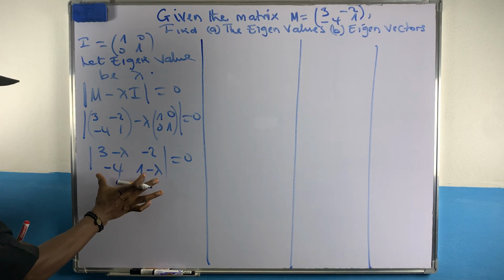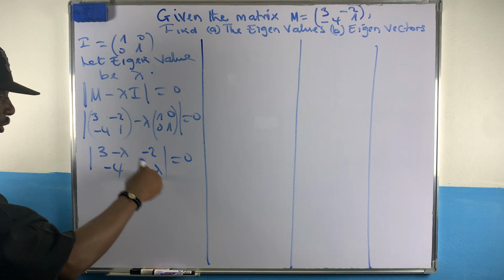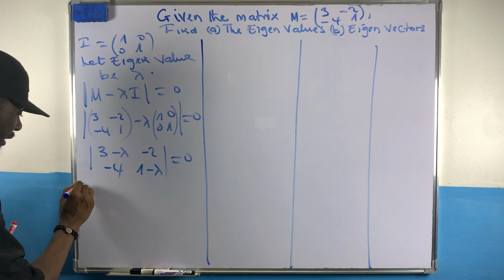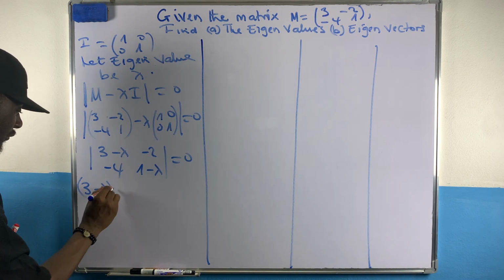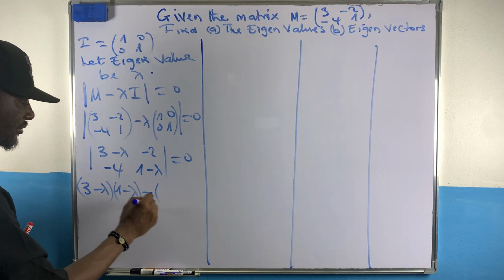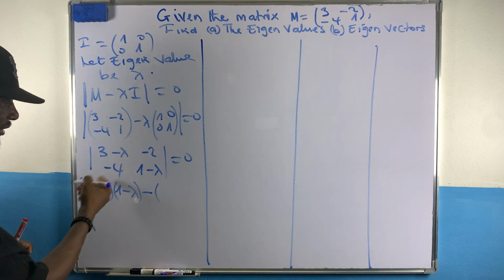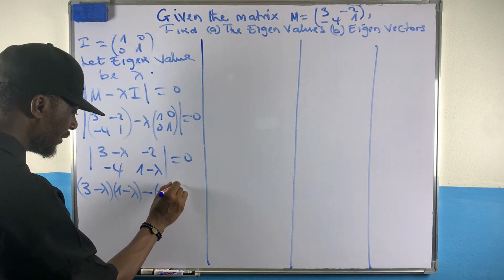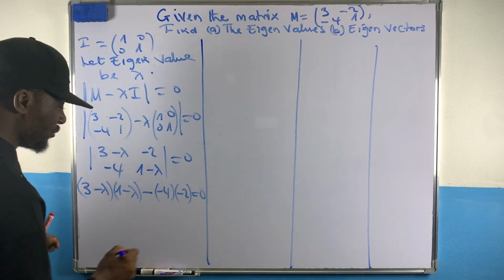So what is the determinant of a 2 by 2 matrix? We multiply the major diagonal, which is 3 minus lambda multiplied by 1 minus lambda. Minus, we multiply the minor diagonal, -4 and -2. All this should be equal to 0.